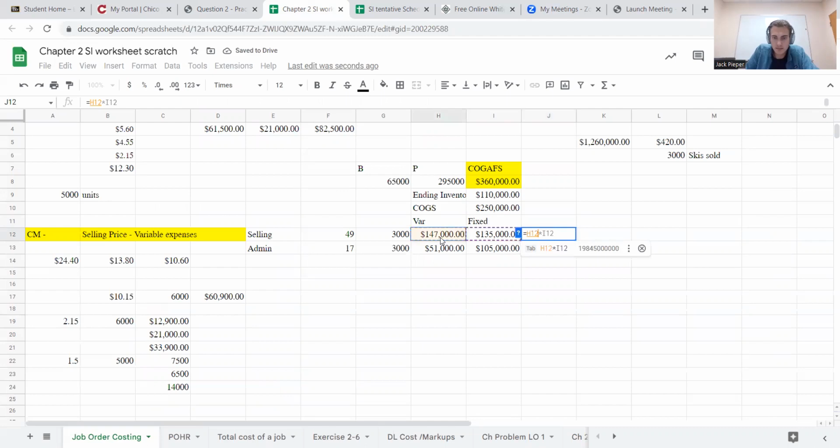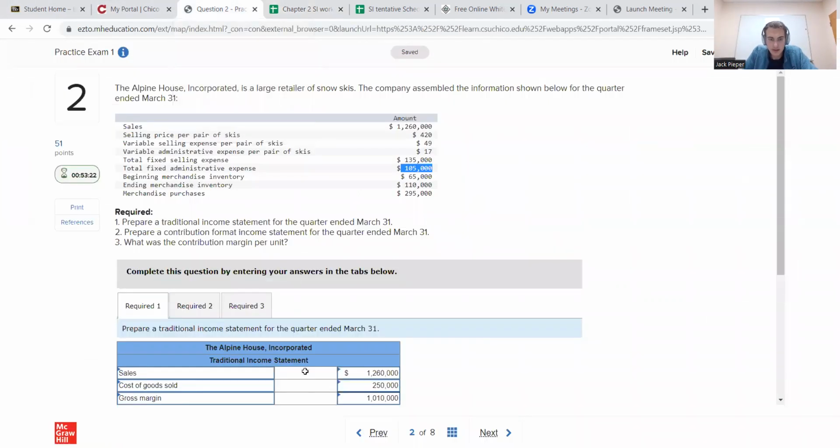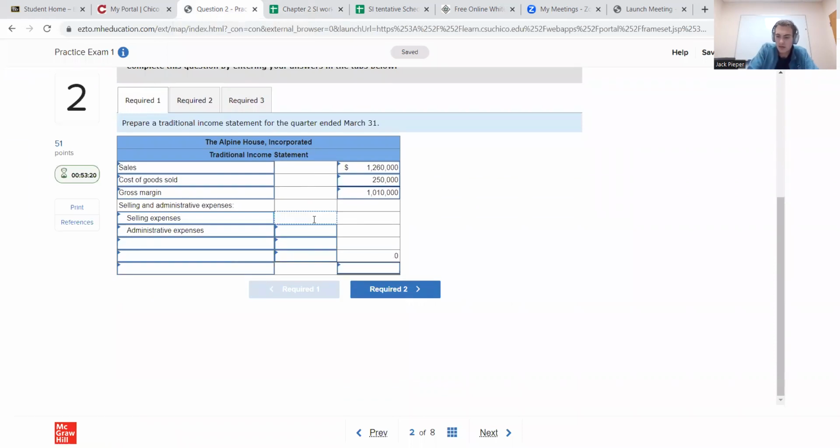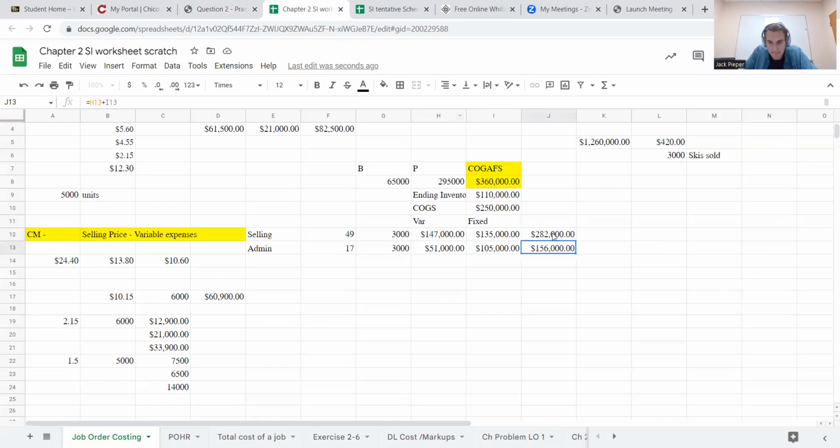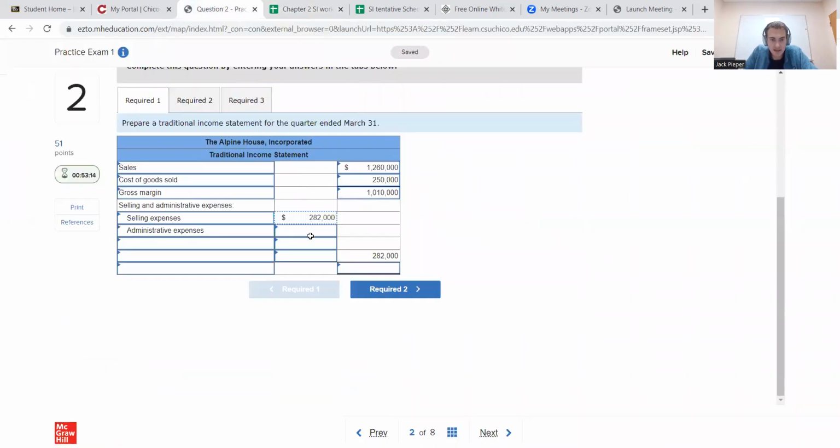Don't want to multiply them. Variable plus fixed will get us our total. Cool. So the selling was $282,000, and the admin was $156,000.